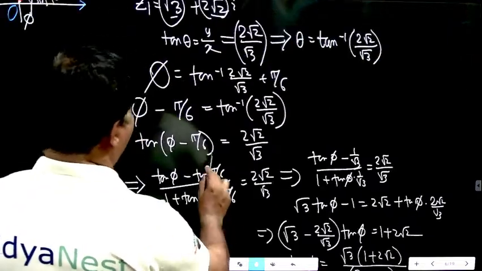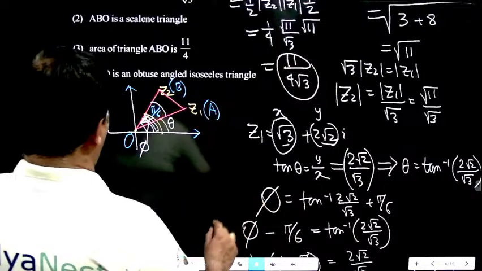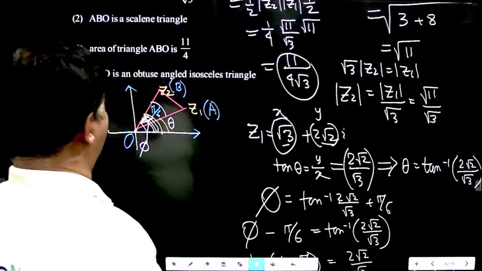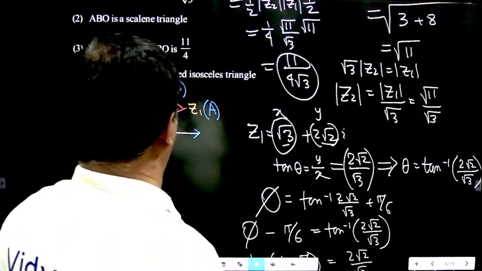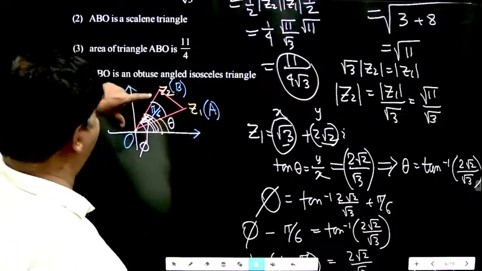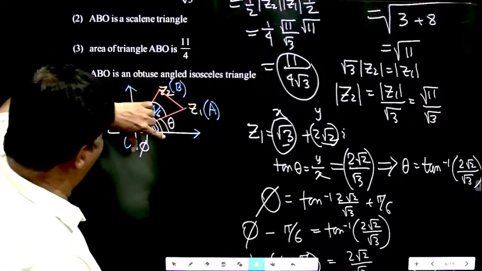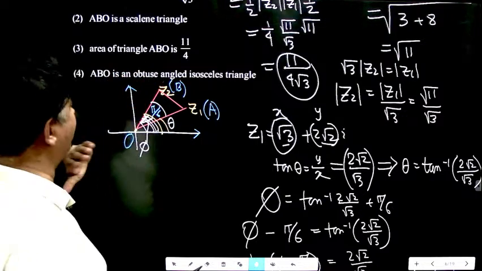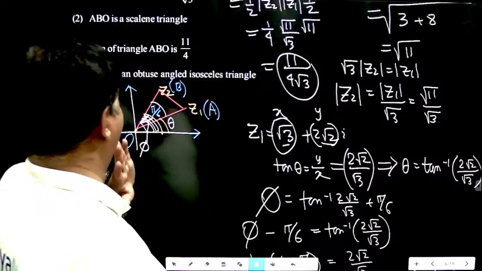So that means if you do this sum in this way, our aim was to find the distance between Z2 and Z1. You can do this unless and until you get the angle subtended by Z2 with Z1.